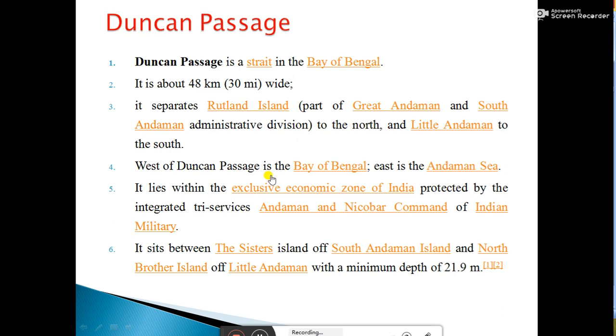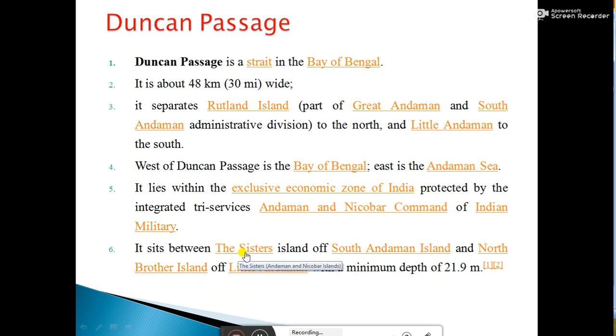West of the Duncan Passage is the Bay of Bengal, and the eastern side of the Duncan Passage is the Andaman Sea, which I already showed in the previous part. It lies within the exclusive zone of India, protected by the Integrated Tri-Service Andaman Nicobar Command of the Indian Military.